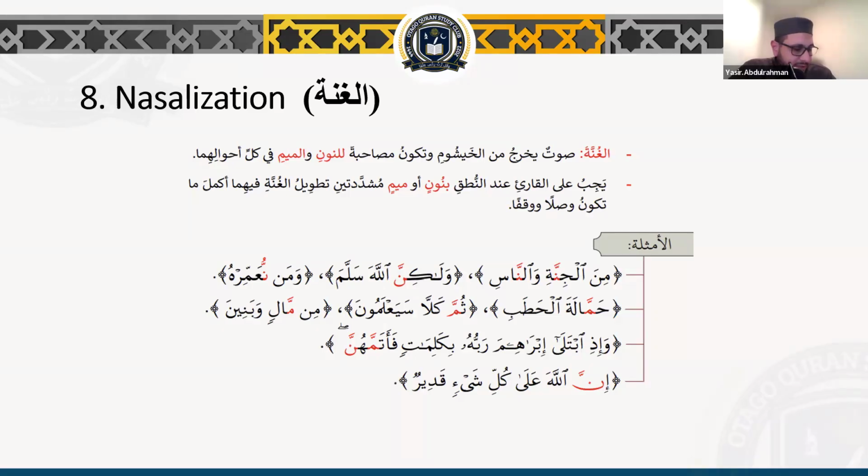So we said that we have four levels for the ghunna, and the highest level of the ghunna is when you عندما تكون أكمل ما تكون. So أكمل ما تكون is the most perfect ghunna, when you have the noon with shadda or the meem with shadda, right? So in those cases it takes the longer time, and that time is not measured with haraka, right?